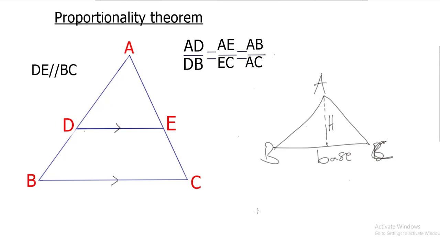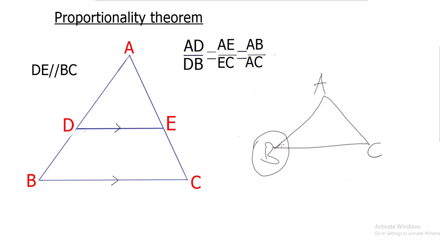Okay? So if, for example, I choose B to be the head, even though I turn the triangle, I have to say this is the head of the triangle, and this will be represented as the base.